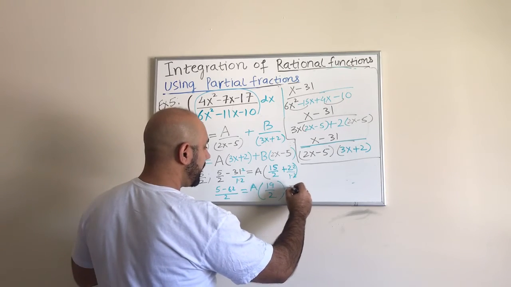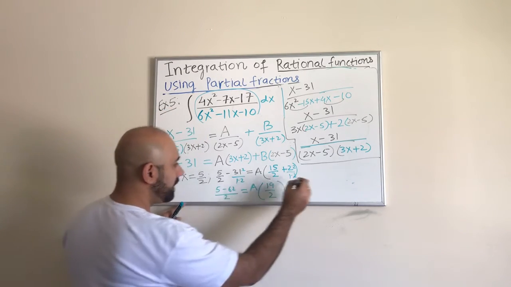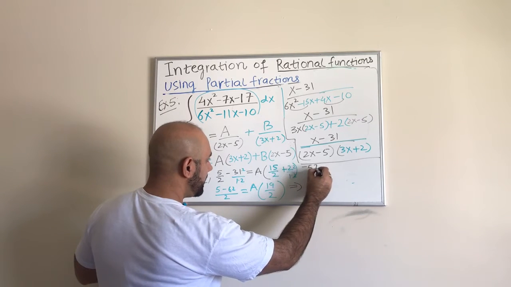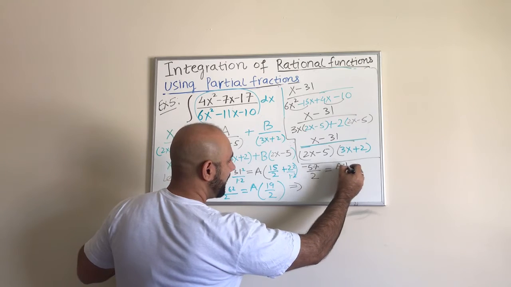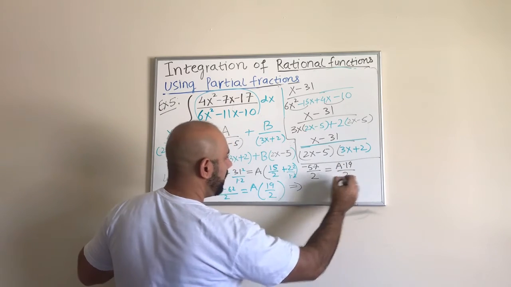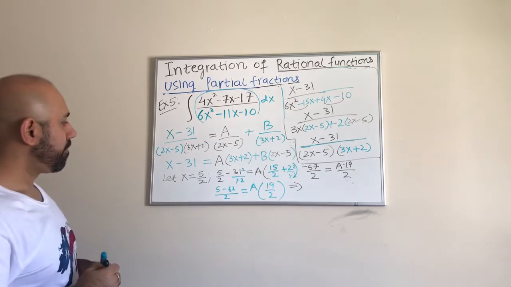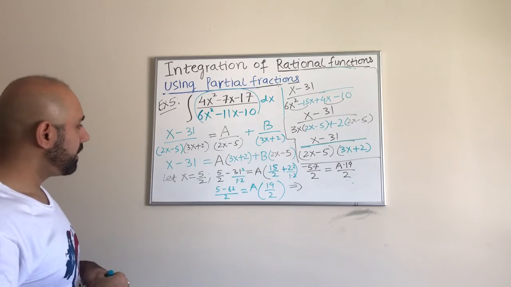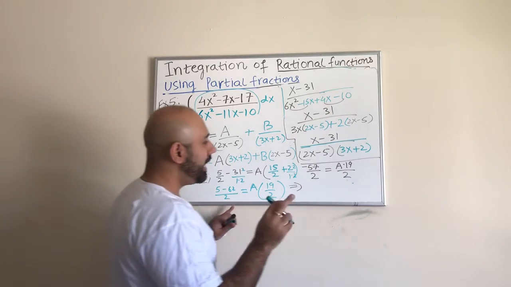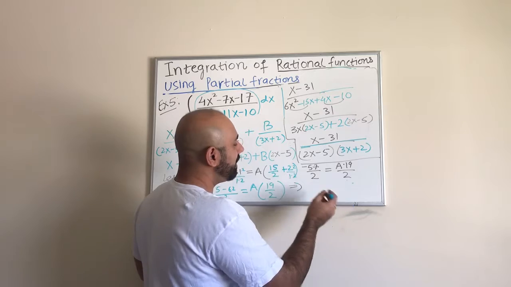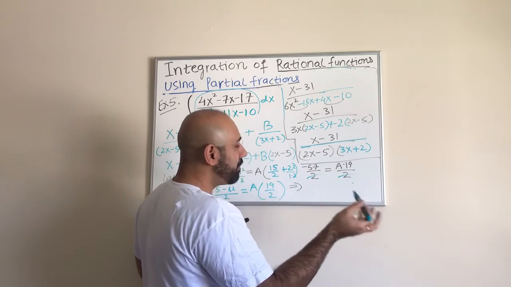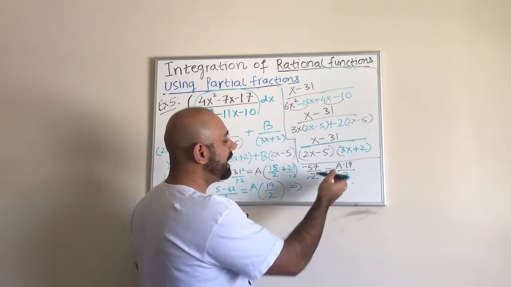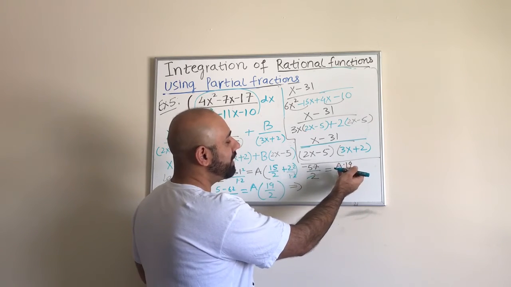From here, when I simplify this, it will be negative 57 over 2, and this will be a times 19 over 2, right? That's pretty simple here. Guys, I want a by itself, so I can cross multiply, or you can already cross out these 2's. You can multiply both sides by 2 first to get rid of those 2's, and to get a by itself I have to divide by 19.